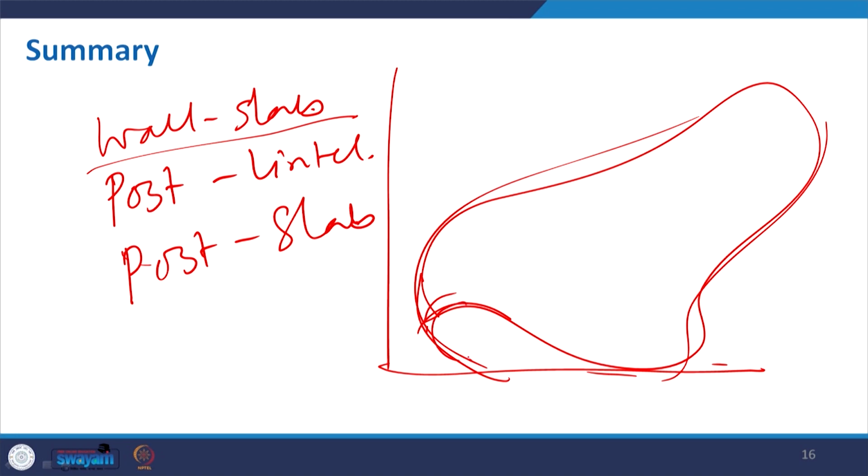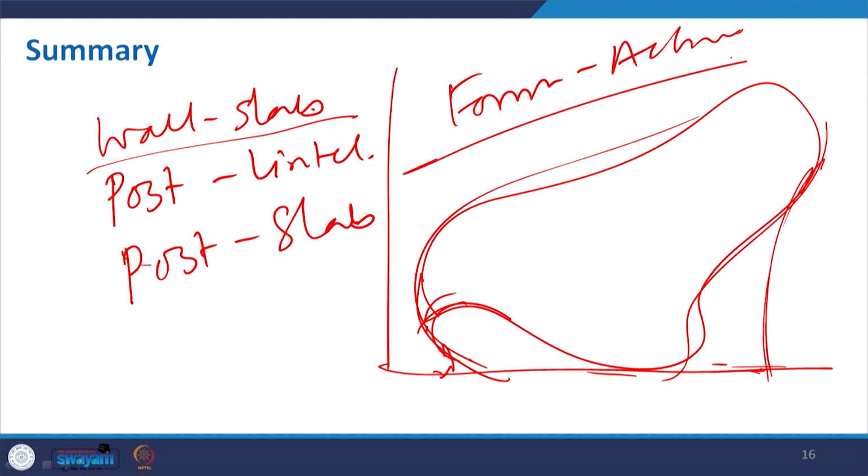Yes, in that case we will go by the form, and it is a form driven or form active structure, where there is not a specific structural arrangement, there is a series of structures acting or arranging in such a manner that they can create this particular shape, or the cell structure, or maybe some other pneumatic structures. So, in coming lectures we will be covering that.